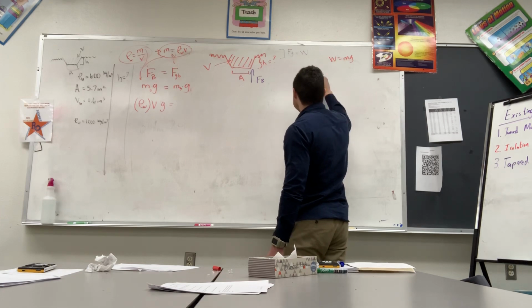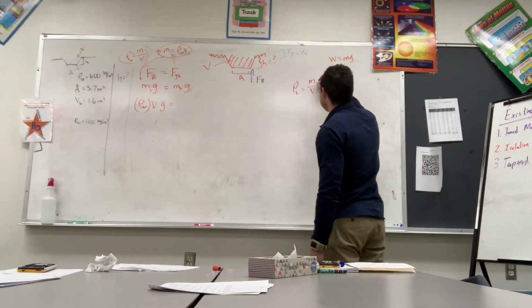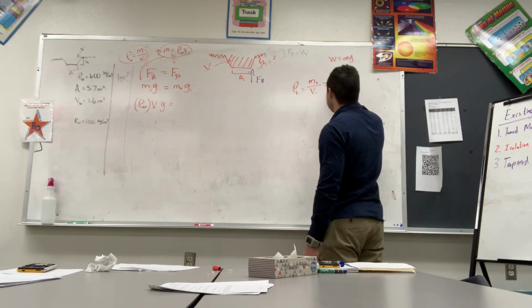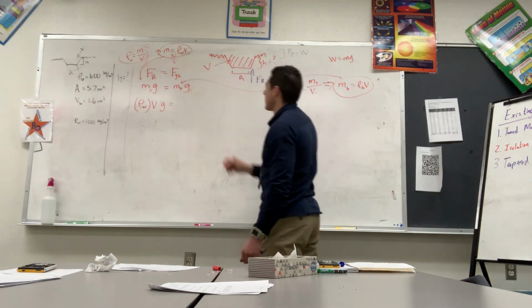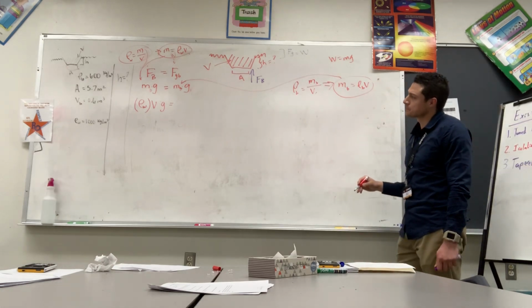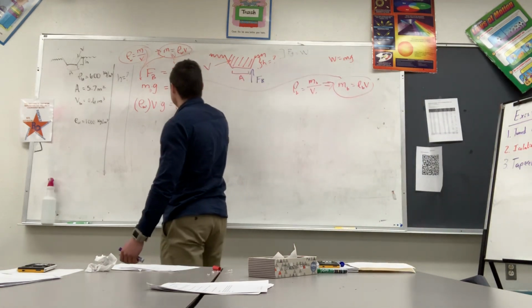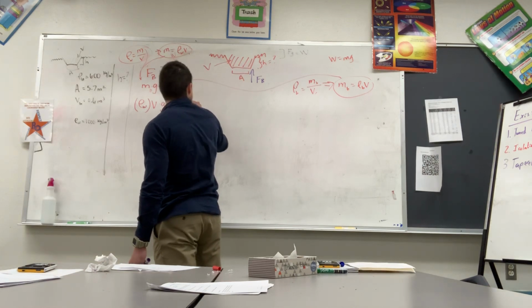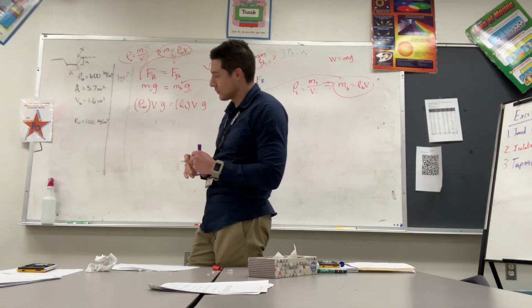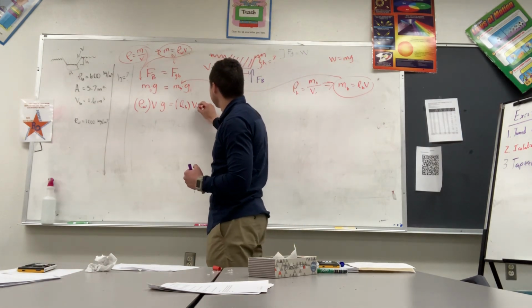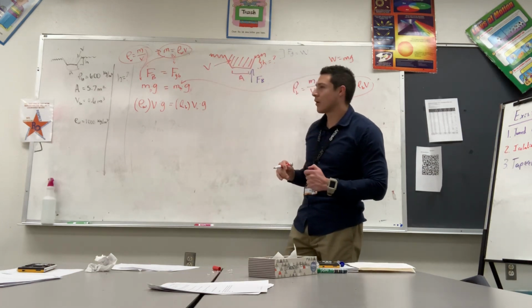Rho of the boat is equal to mass over volume, right? We can rewrite this so we have mass, and that can go in there as well. All right, we all right?